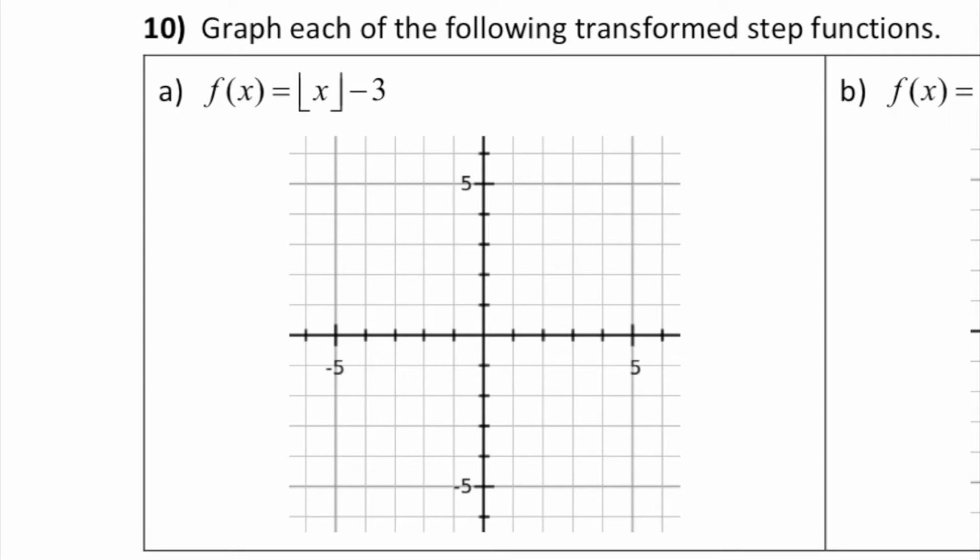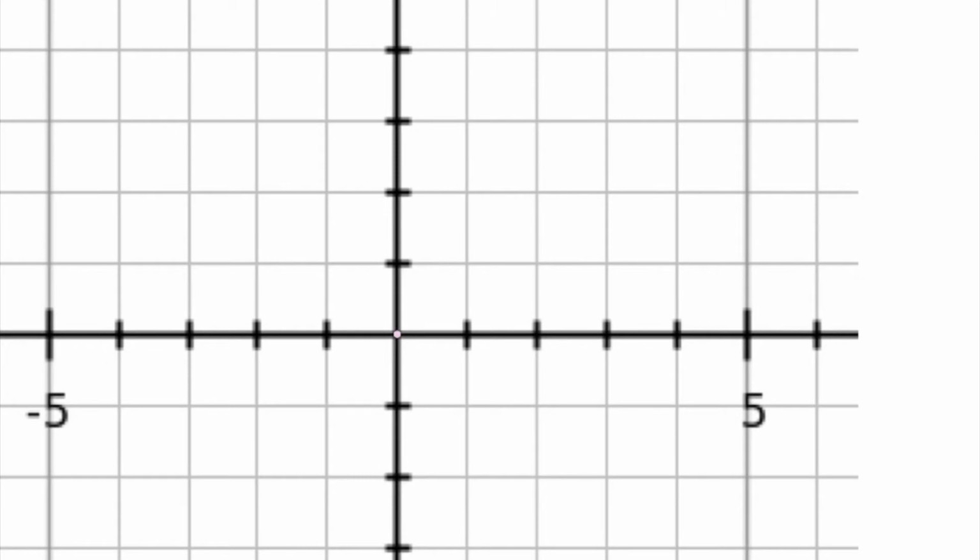So in this first example, it's the floor function. So the parent function of the floor function would be like this. I'm not going to draw all the steps, but the parent graph would be like this and would be up 1 over 1 each time. So this would be the parent floor function.